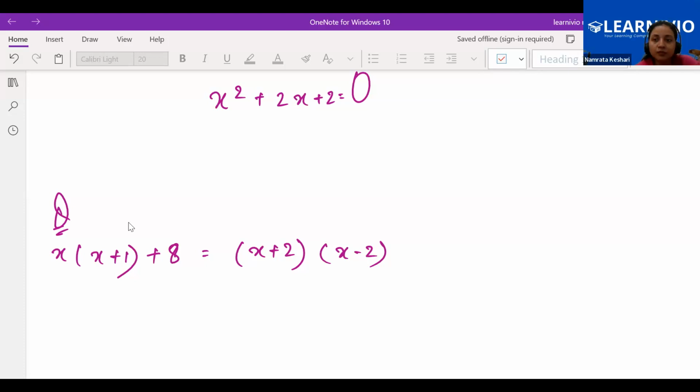Ma'am, I just tried. I don't understand, but I got my answer as 12. Yes. Oh, wait. Everyone just wait. First, let me know, are you understanding what we are trying to do? Noah? Ma'am, I got minus 12.